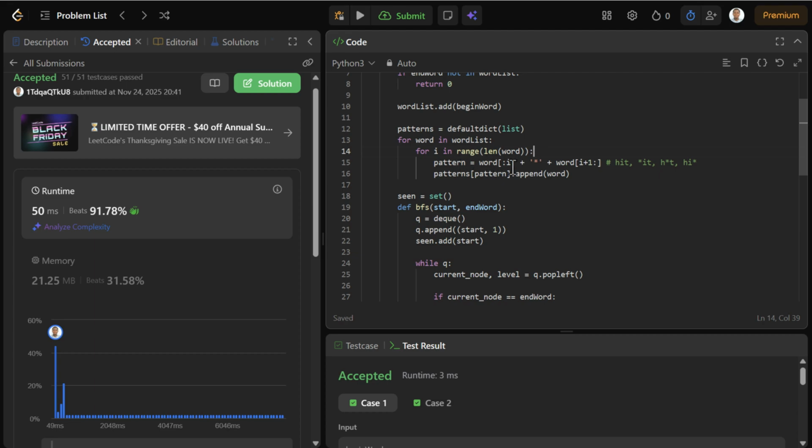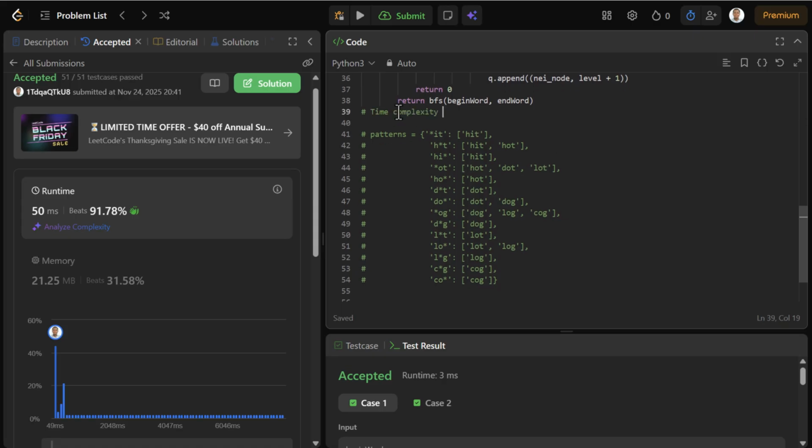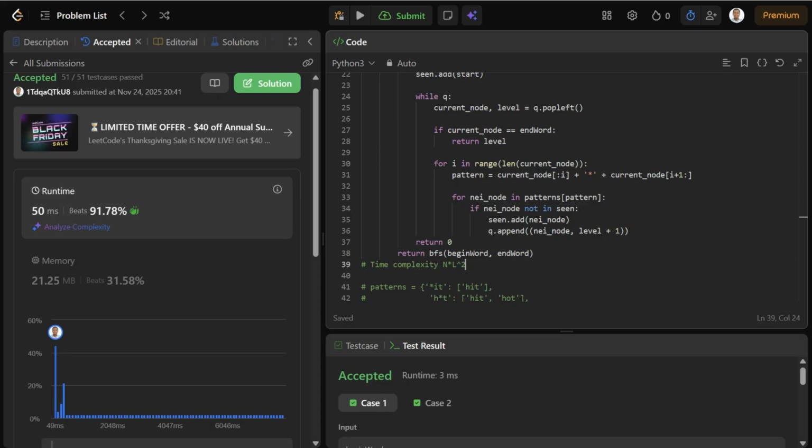And then for us to do slicing here, the operation for slicing a list is also at worst L. So generating the pattern is going to be at worst n multiplied by L squared. And then for the BFS, we have to traverse through the list.